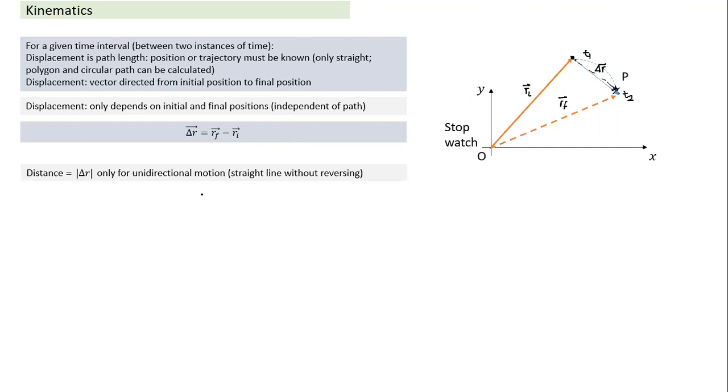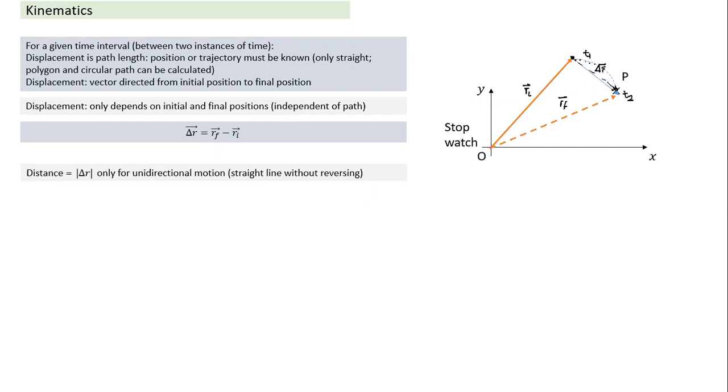When we talk about distance, what is distance? Distance is the actual length of the path it has taken. To find the distance traveled, or the path length, we need to know the position of the particle at all instances of time.